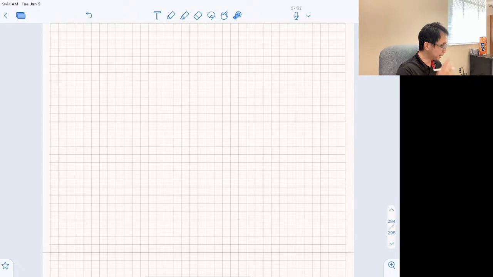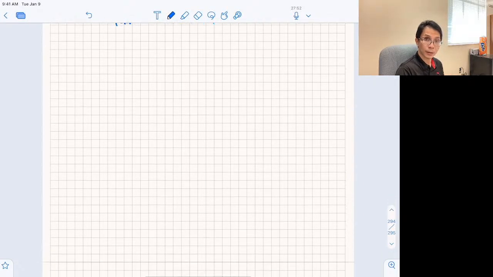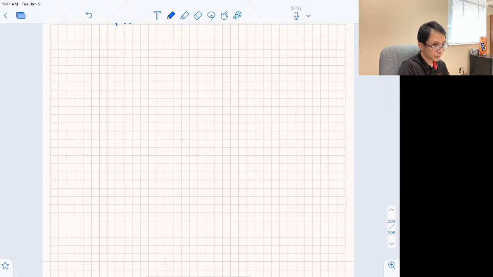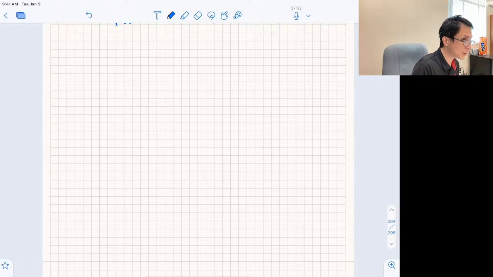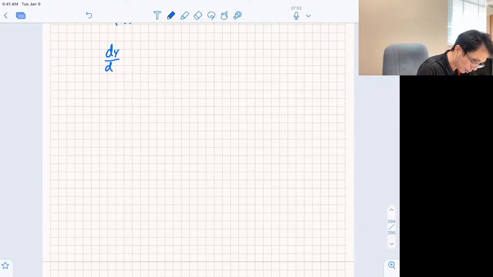So what I'm going to do is show you what the chain rule looks like. For implicit purposes, I'm going to give you this term: dy/dx. This is an implicit definition, and I don't like this definition, but I'm going to write it out anyway: dy/du times du/dx.